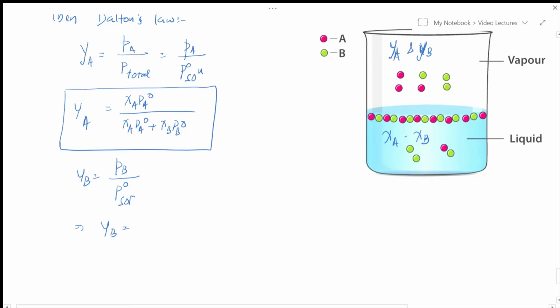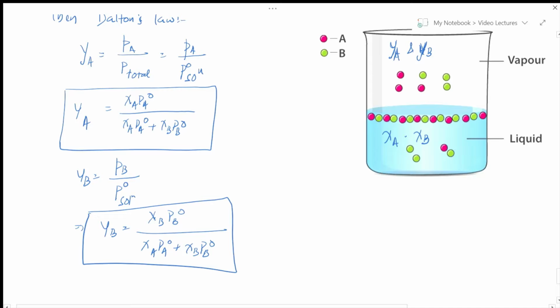So Yb is xi B Pb naught divided by the total pressure, which is xi A Pa naught plus xi B Pb naught. Of course, the ratio of Ya by Yb is the ratio of their partial pressures Pa by Pb. So it is xi A Pa naught divided by xi B Pb naught.